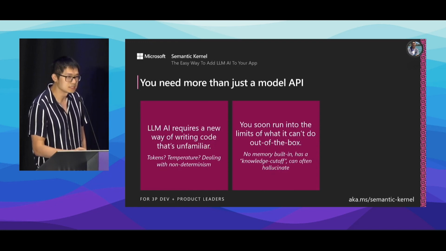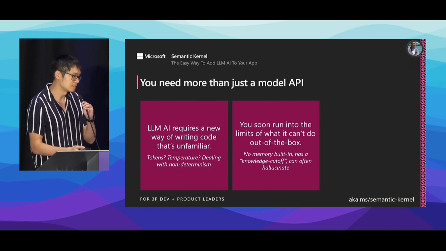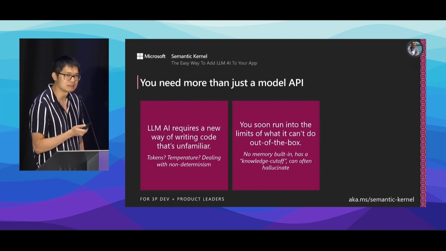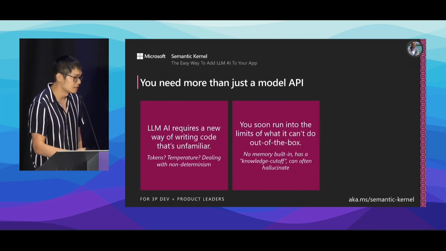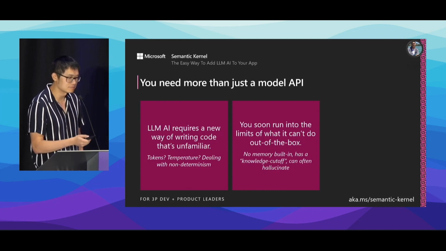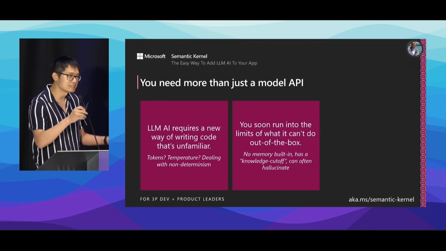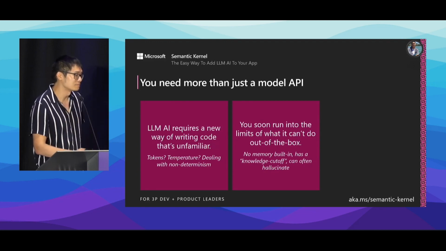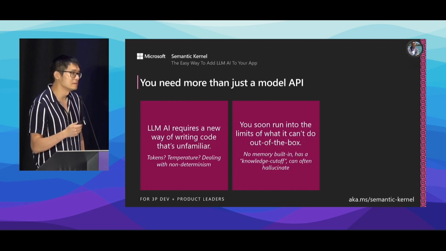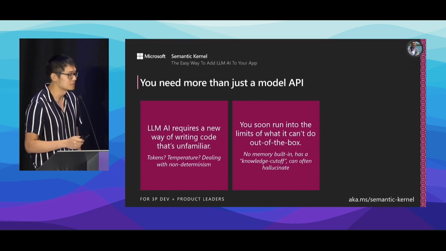But the challenge is that as you're building more complex applications, as you're building copilots, you're going to start hitting some real limits. Part of that is there's no memory. These large language models are effectively like state machines: you send in your prompt, you get a response back, but it doesn't by itself know anything about you or remember your past conversations.